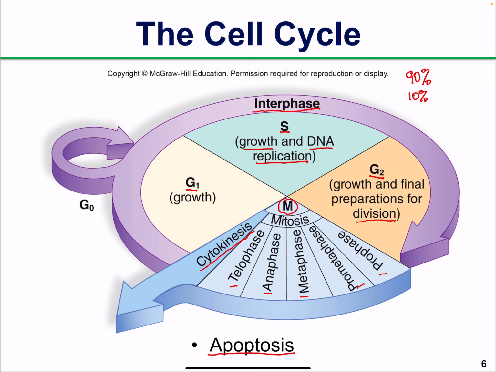Now, after 2 new cells have developed, sometimes in our body, some cells, as they reach the G1 phase, rather than keep moving toward the S phase, can halt in the G1 phase and spend most of their time in the G1 phase.